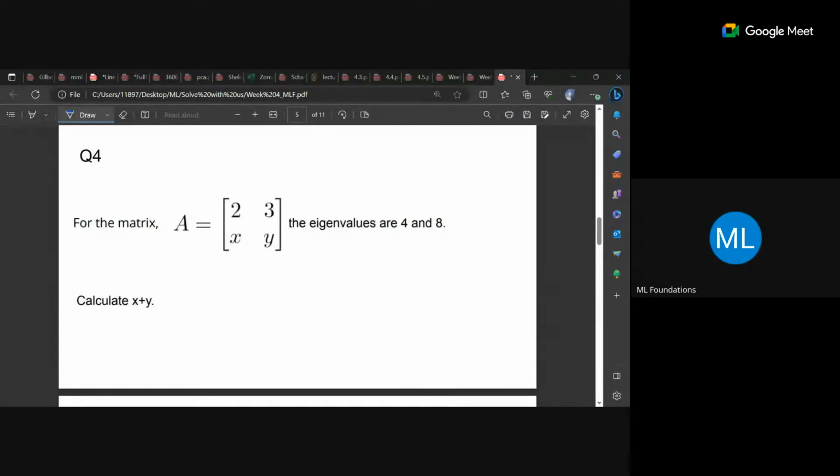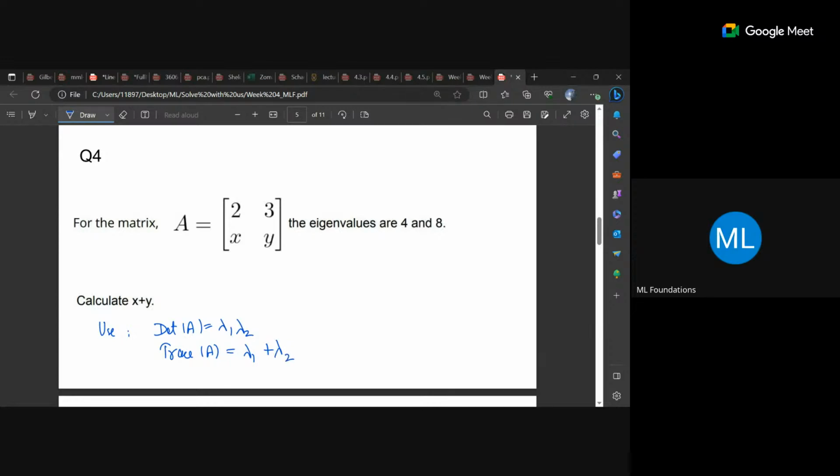So we are just using, like, this is a matrix and the eigenvalues are 4 and 8, and we can just use the property: determinant of A is the product of eigenvalues and trace of A is the sum of the eigenvalues, lambda 1 plus lambda 2.